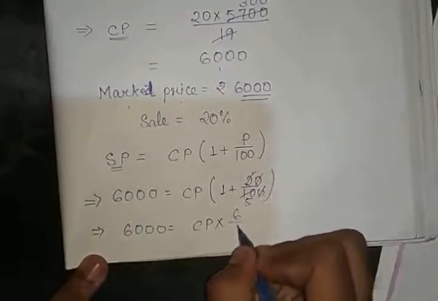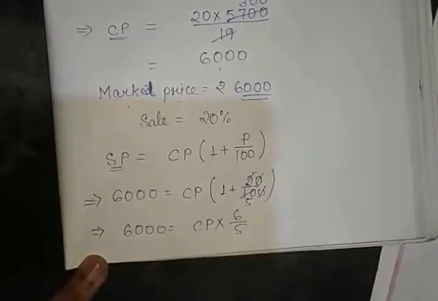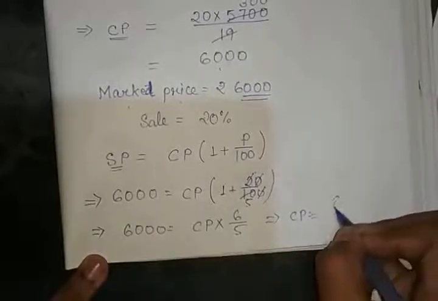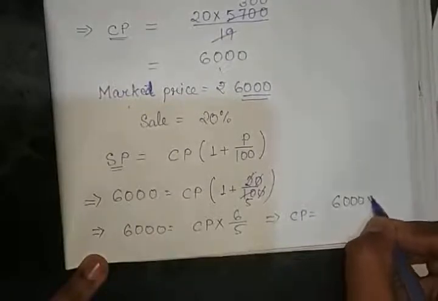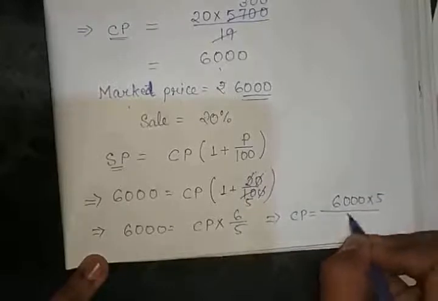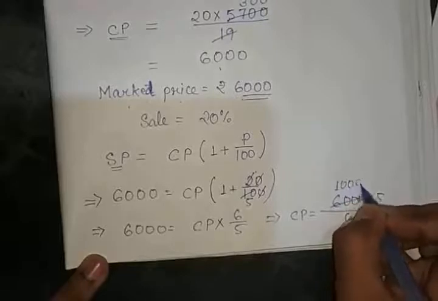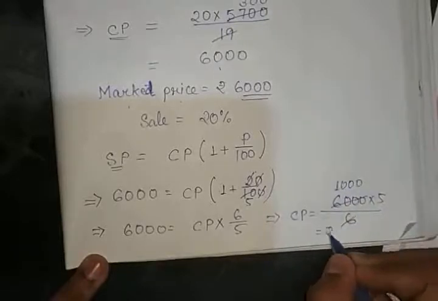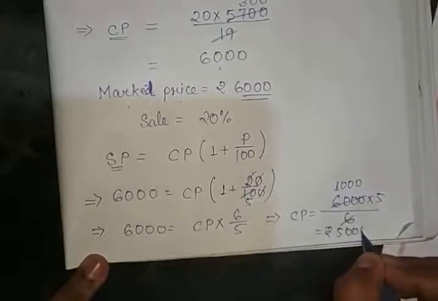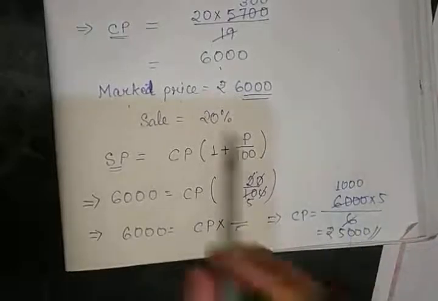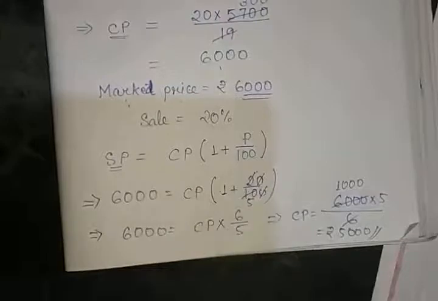This will be 6 by 5. Which implies that cost price will be equal to 6,000 into 5 by 6. So this will be equal to rupees 5,000. Means the cost price is rupees 5,000 and the mark price is rupees 6,000.